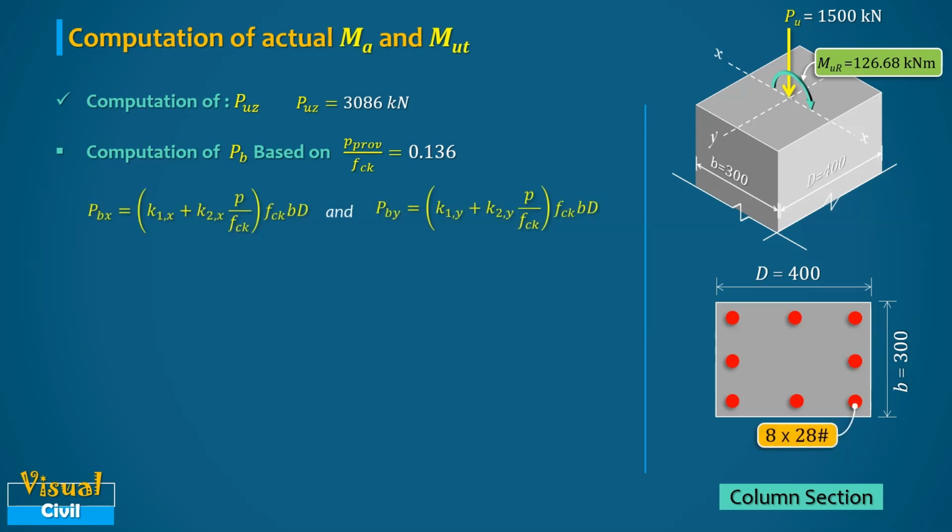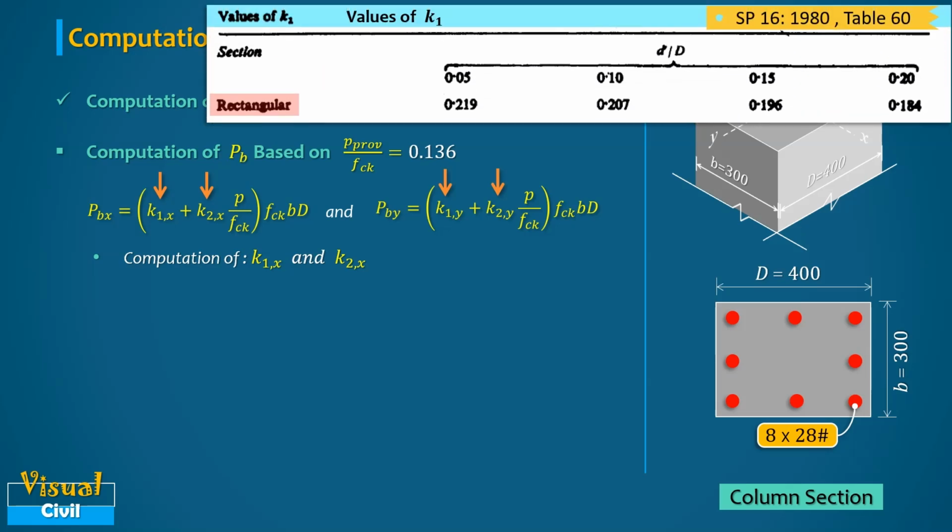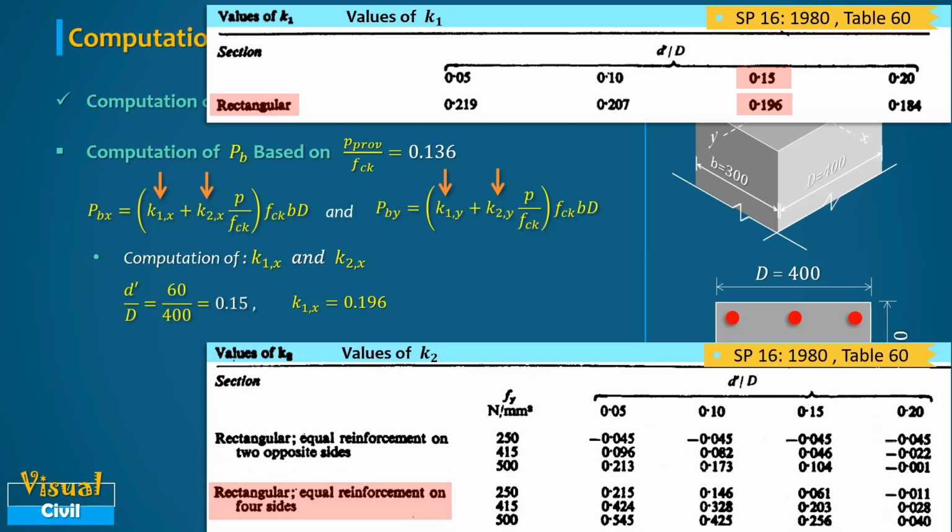In this expression, we need values of k1 and k2 about X and Y axis. So, let us compute k1x and k2x based on the d dash by D ratio from Table 60 of SP16. For the X axis, we have the d dash by D ratio equal to 0.15. Therefore, the value of k1x is equal to 0.196. Similarly, for the rectangular section with equal reinforcement on four sides, the value of k2x is 0.203.